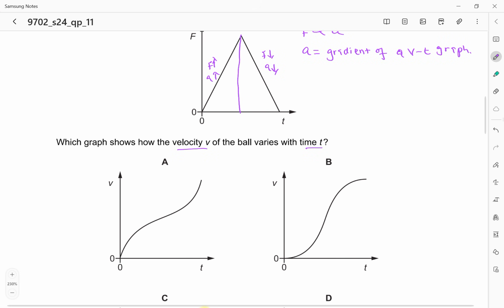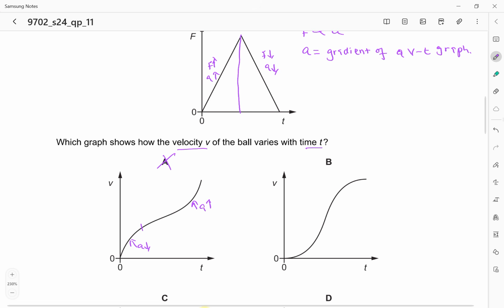So A is showing that the gradient decreases, because the line is becoming horizontal, and then the gradient is increasing. So A is wrong, because here the acceleration is decreasing and here the acceleration is increasing.